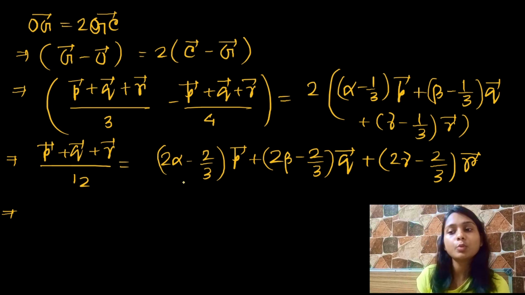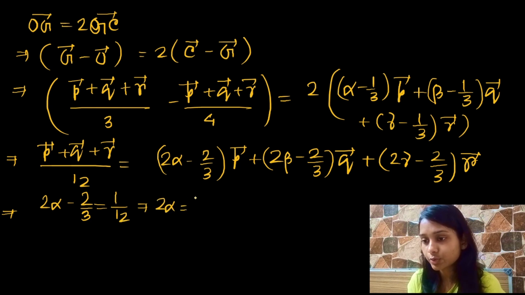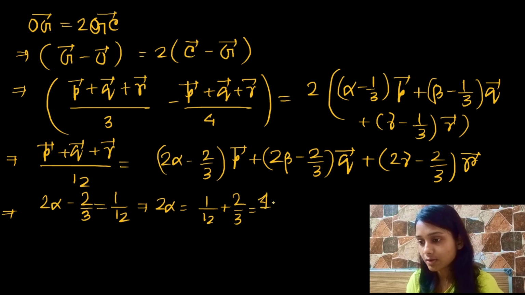By comparing both sides, the coefficient of p, coefficient of q and coefficient of r, we will obtain 2 alpha minus 2/3 equals 1 by 12.